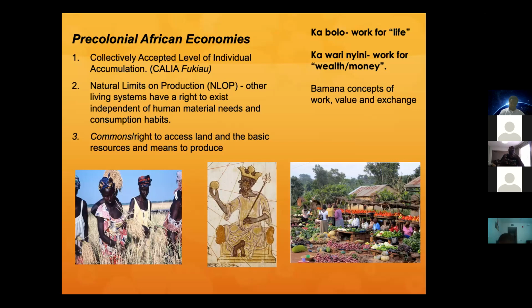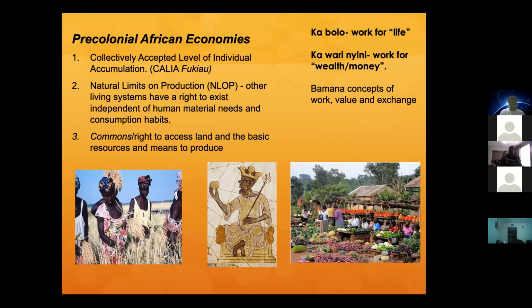So we reflect on the political economies of traditional African societies. For instance, the Bamana have a concept that there are things you do for life in terms of work, kabolo, and then there are things you do for individual accumulation, right?